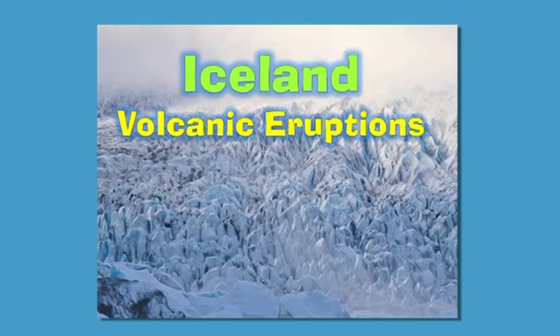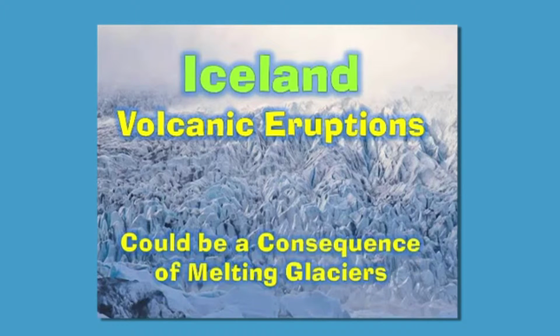So with that, let's take a look at Iceland and the volcanic eruptions that we've been seeing in Iceland, because what they have seen is that the volcanic eruptions that are currently happening and have been happening lately in Iceland could be a consequence of melting glaciers due to isostatic rebound and changes.